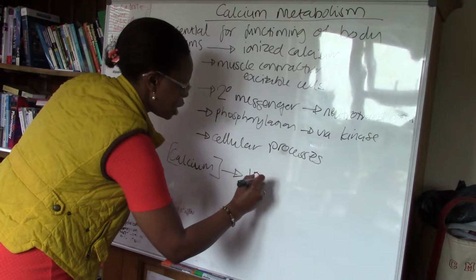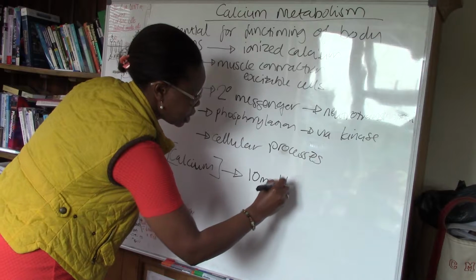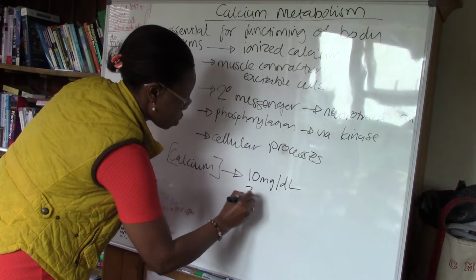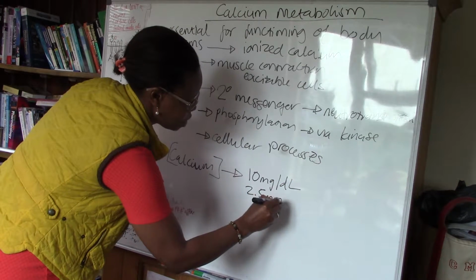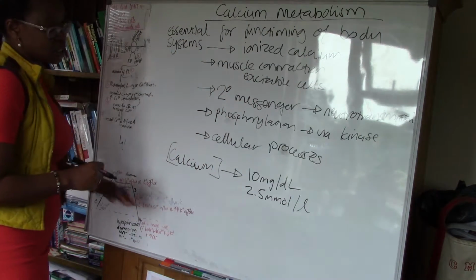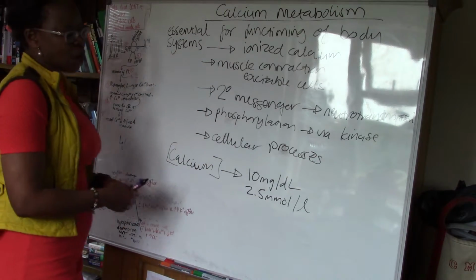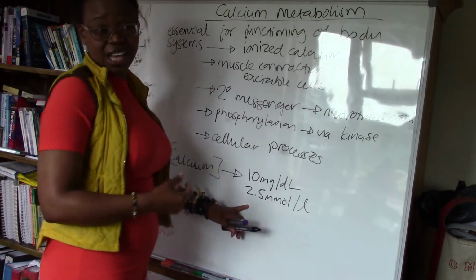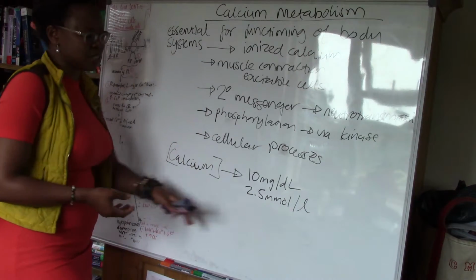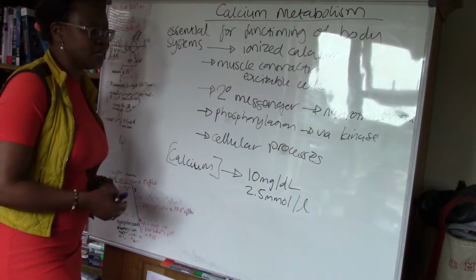Usually it's kept at 10 milligrams per deciliter, or the normal is 2.5 millimoles per liter. That is the normal calcium concentration that one would expect to find when undertaking clinical biochemistry tests.